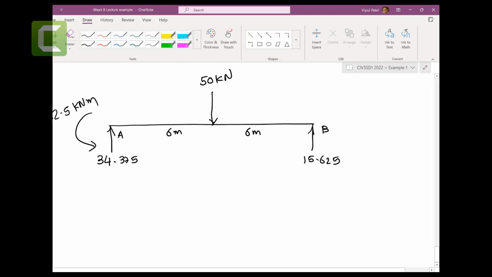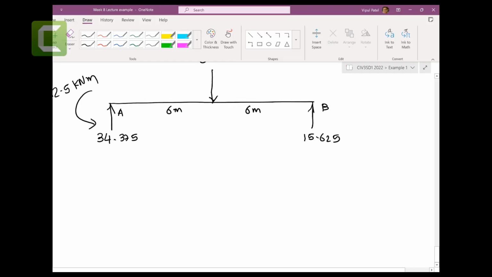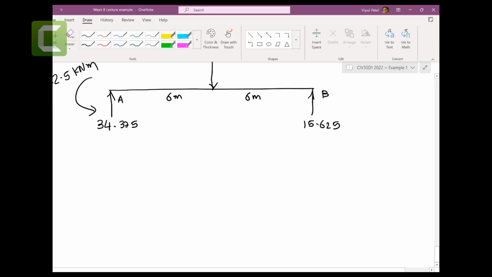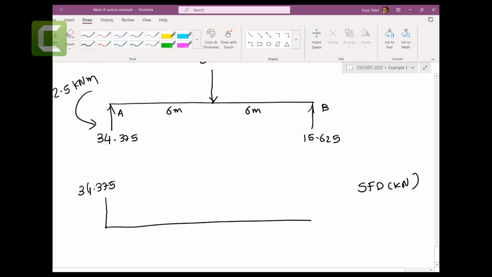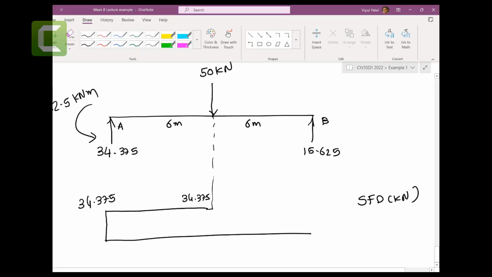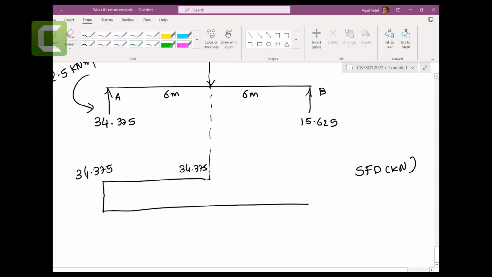Now, in this case, we can just do the shear force diagram. SFD in kilonewtons, just graphical methods. 34.375 going up, going across. 50 here. 34.375 take away 50 gives you, minus by the way, 15.625.